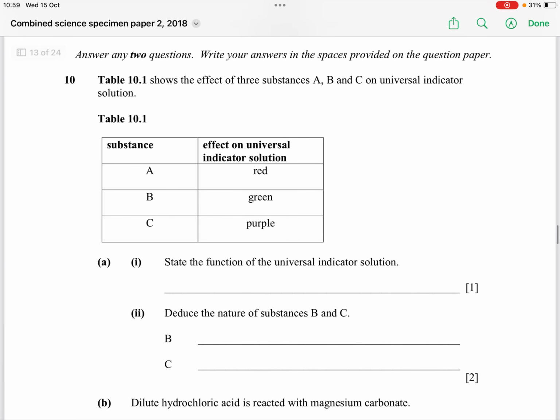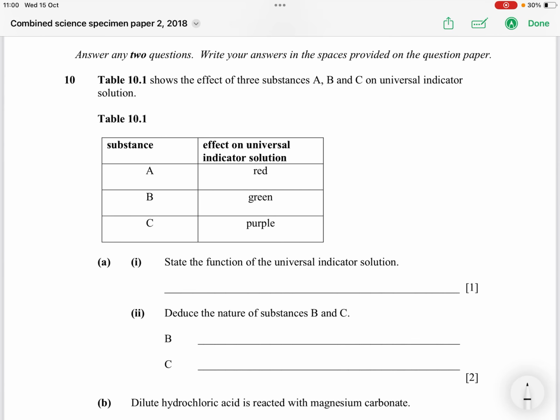And then we now need to proceed to section C. Section C is the chemistry section. Table 10.1 shows the effect of 3 substances, A, B, and C, on universal indicator solution. State the function of the universal indicator solution.